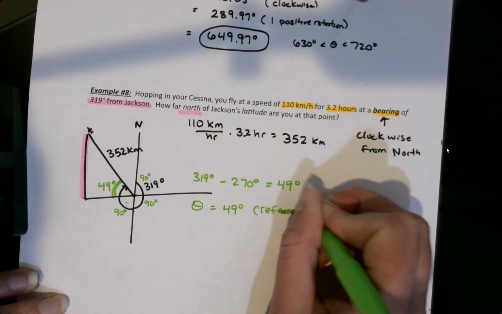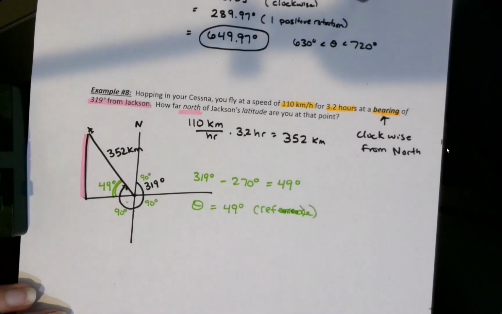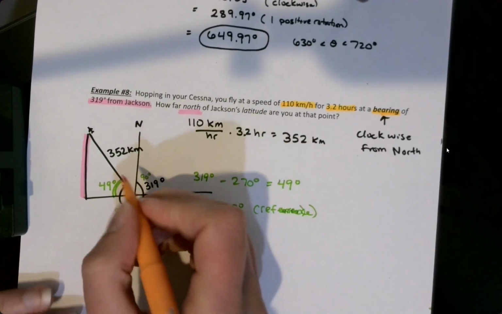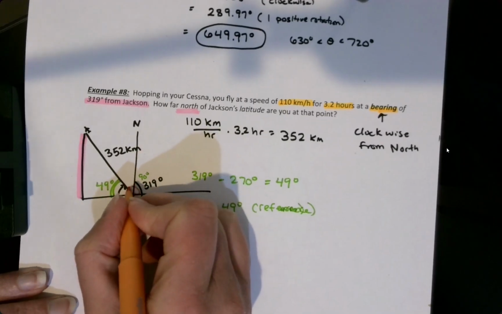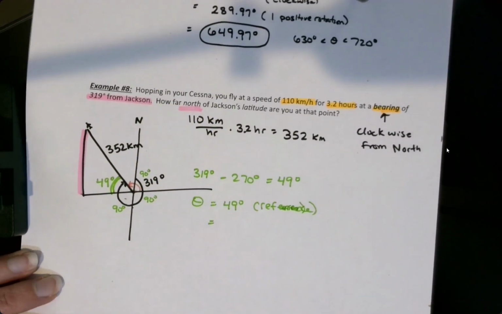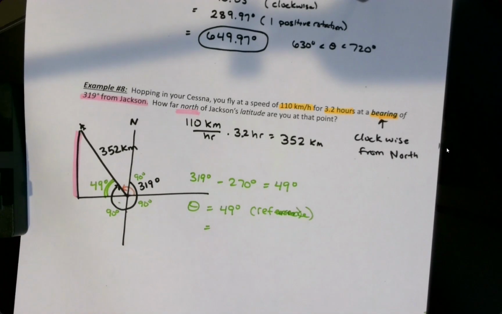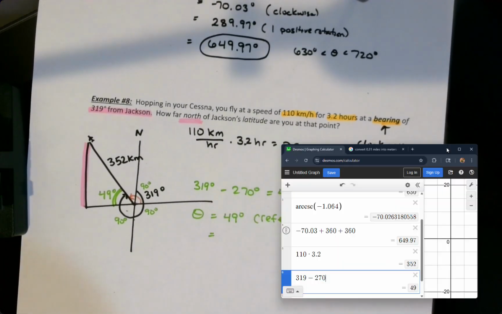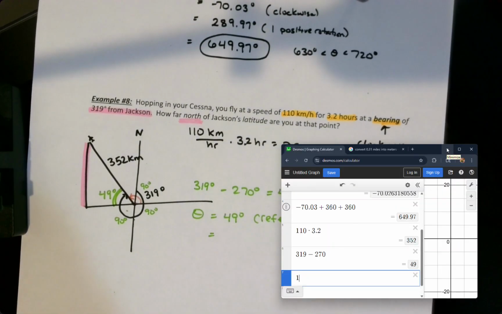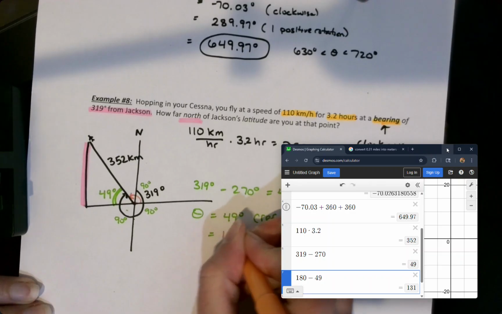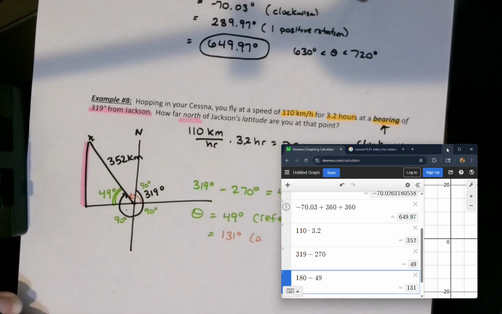Reference. Missed the R in there. Reference angle. Or I could use the true angle here, which is 49 degrees shy of 180. We'll talk about the differences between those in a second here. So 180 minus 49 is 131, and that is the actual angle.